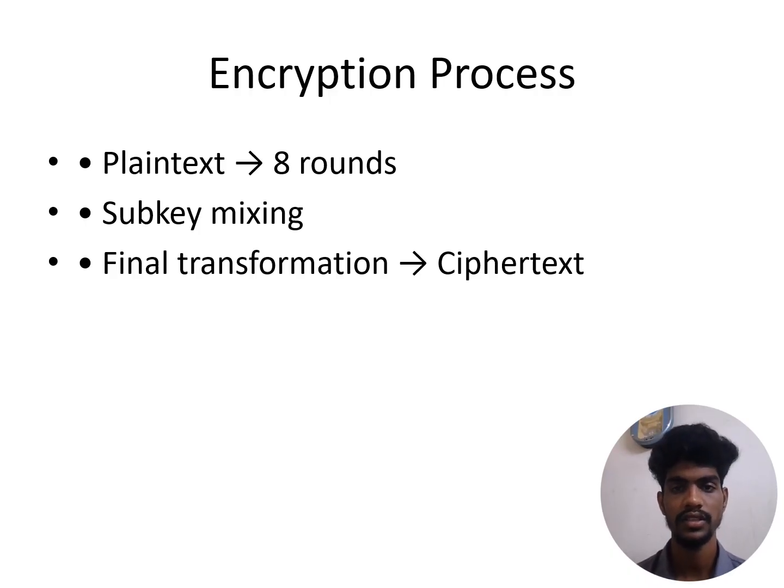This process continues through all 8 rounds. After the rounds are completed, a final output transformation is applied, producing ciphertext. The output appears completely random and unrelated to the original message, ensuring confidentiality.